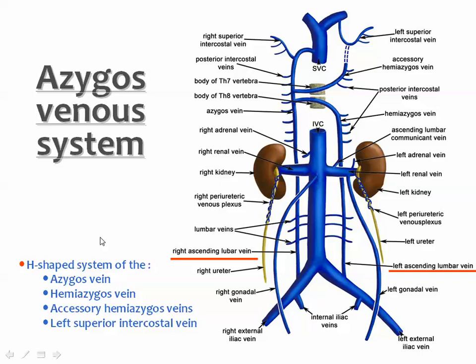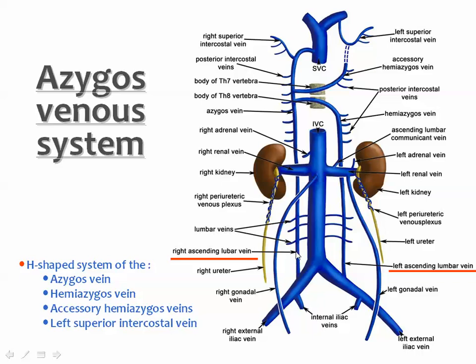And we have the azygous vein or the hemiazygous, the accessory hemiazygous, and the left superior intercostal vein. The azygous vein is made mainly by the right ascending lumbar vein as well as some of the intercostal veins and the right subcostal vein.